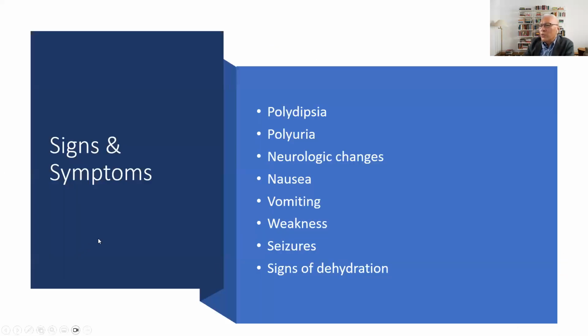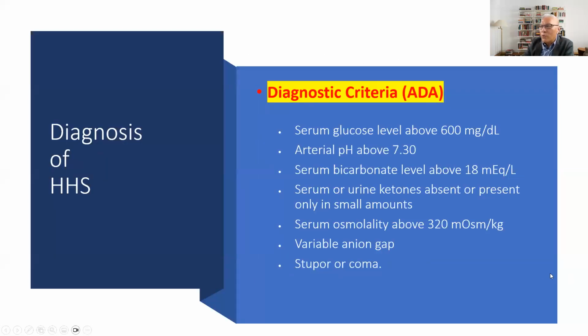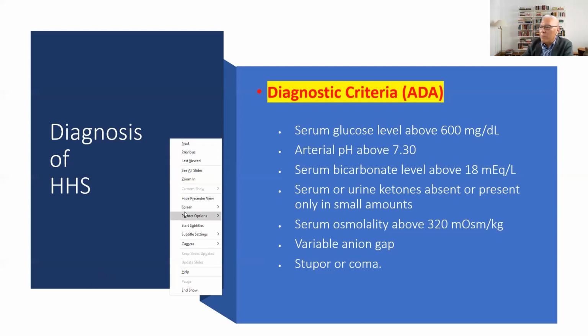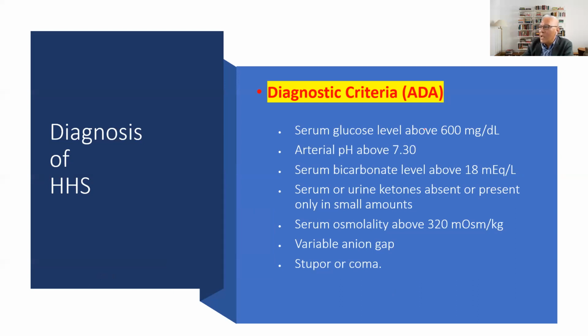Okay, so the signs and symptoms of HHS are similar to what we had talked already about in DKA, with some exceptions. The diagnostic criteria is this, and I want you to remember that anytime the glucose level is above 600, it's no longer DKA, but HHS, right?